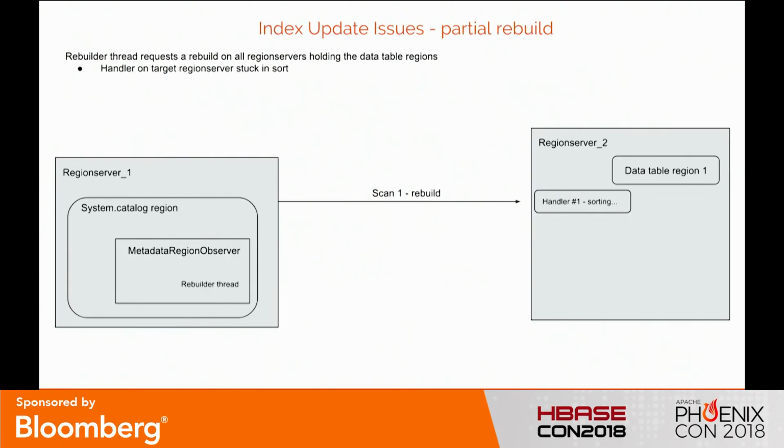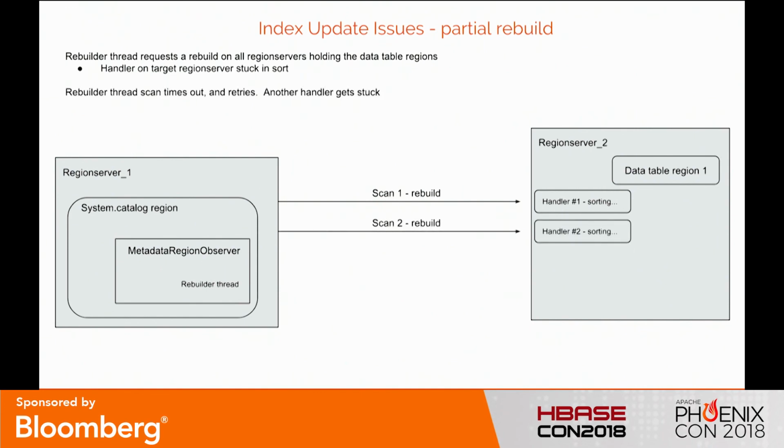This is a visual representation of the problem that I just described. Say your index is disabled, and you have this bug that's causing your handler to get stuck in sorting. So your index is disabled, you're kicking off a rebuild, and the rebuild is stuck on the sorting. The rebuilder thread's scan is going to time out.